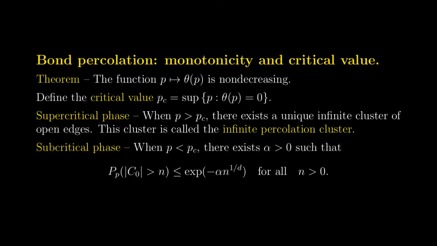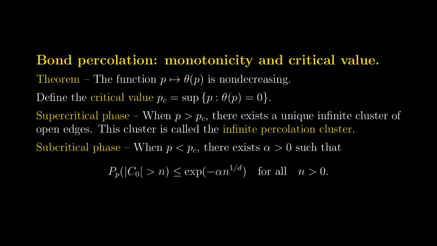Now I'm going back to the slide and I'm going to give you two more results that describe those two pictures qualitatively. First, let's look at the supercritical phase, which corresponds to the picture on the right, where p is strictly larger than p_c.